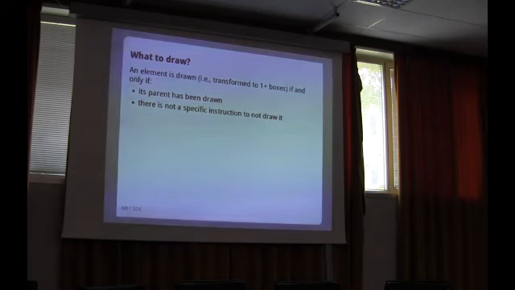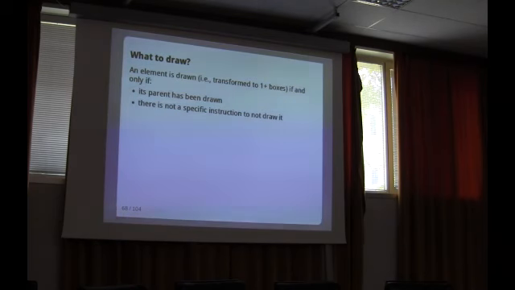The rule is quite simple. You have to transform one element into a box if and only if its parent has been drawn, or there is not a specific instruction to not transform the element.